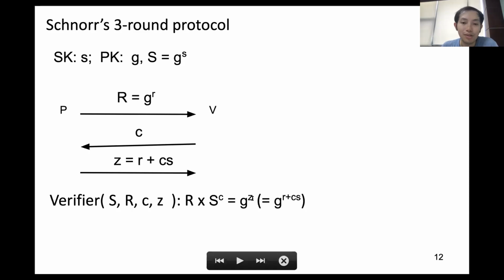We open G to the Z, it goes to G to the R plus CS, and therefore G to the R goes to capital R, and G to the CS goes to capital S to the C. So if the prover does know the secret S, then obviously it's able to come up with all the strings. And you can also prove that if the prover does not know S, then coming up with strings that let the verifier accept is as hard as solving the discrete log problem.